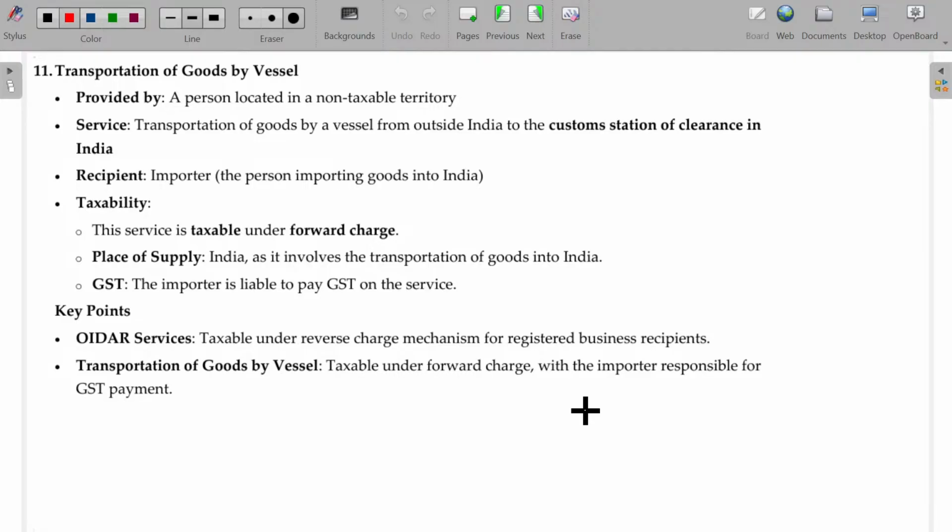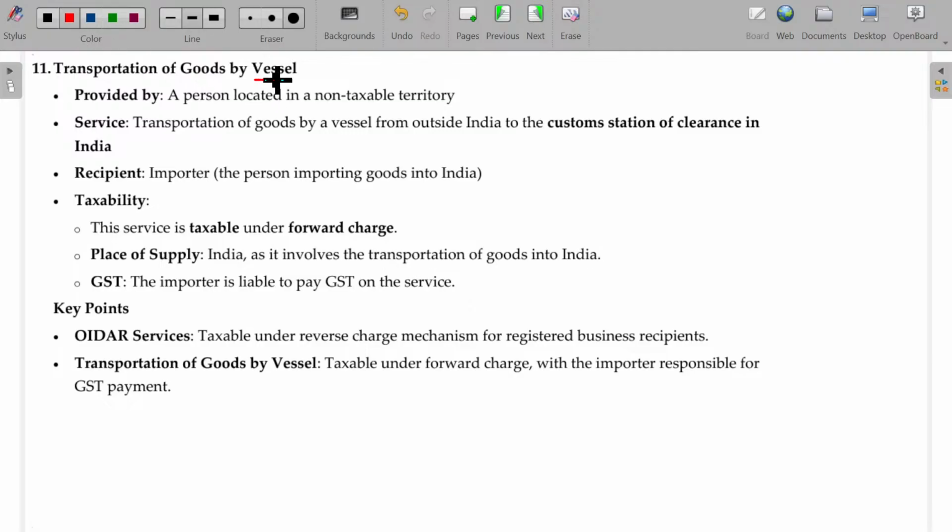The 11th one, transportation of goods by vessel, ships. Again, a person A, located in a non-taxable territory, who is not in India, is rendering services by ship.